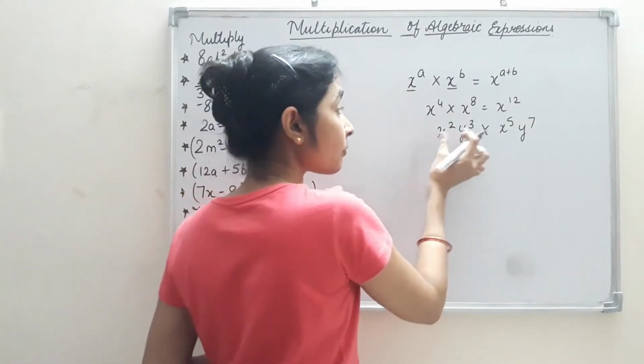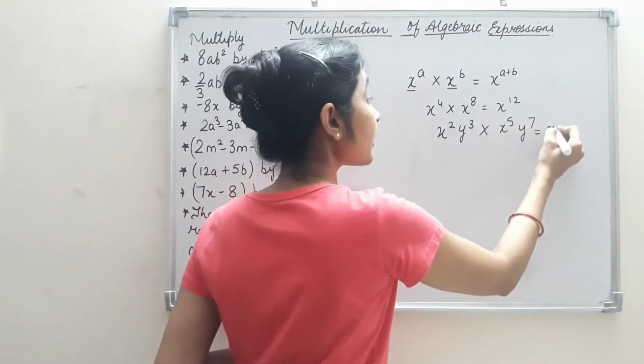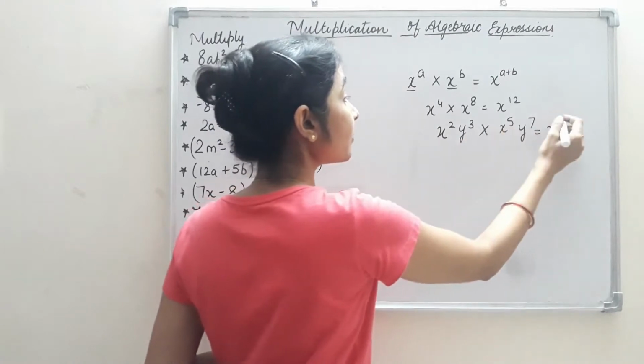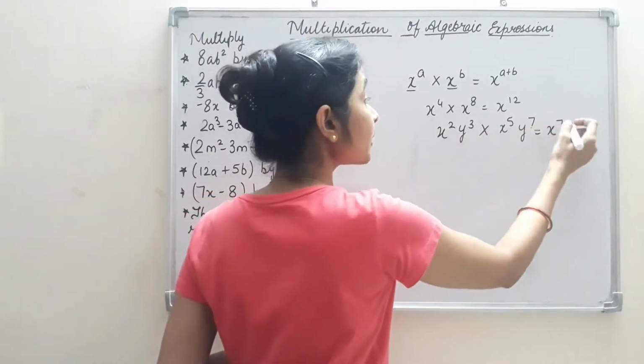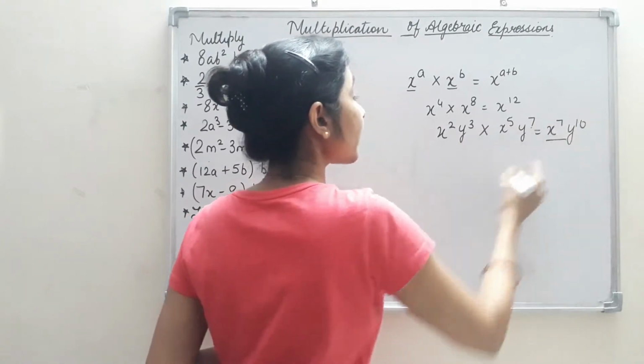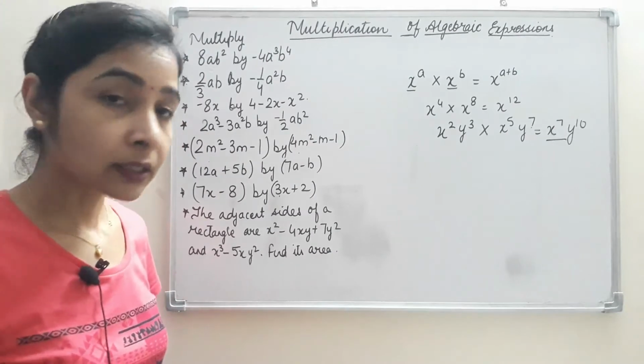I'll add the power of x to the power of x and y to the power of y, that means x raised to the power 2 plus 5 gives me 7, and y raised to the power 3 plus 7 gives me 10. So my answer will be x raised to the power 7, y raised to the power 10.